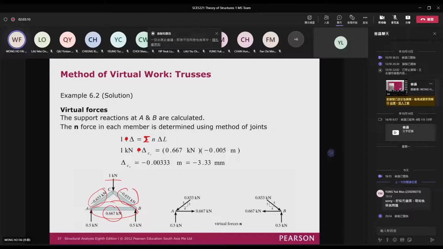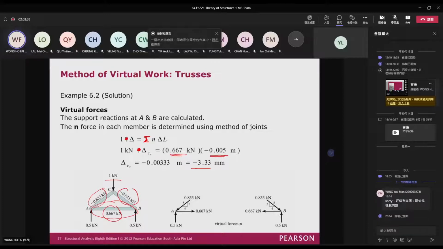As I just mentioned, there's only deformation of the bottom member. It is 5 mm too short, so it is negative 0.005, and then times the force. Then we can find that the value is equal to negative 3.33 mm.